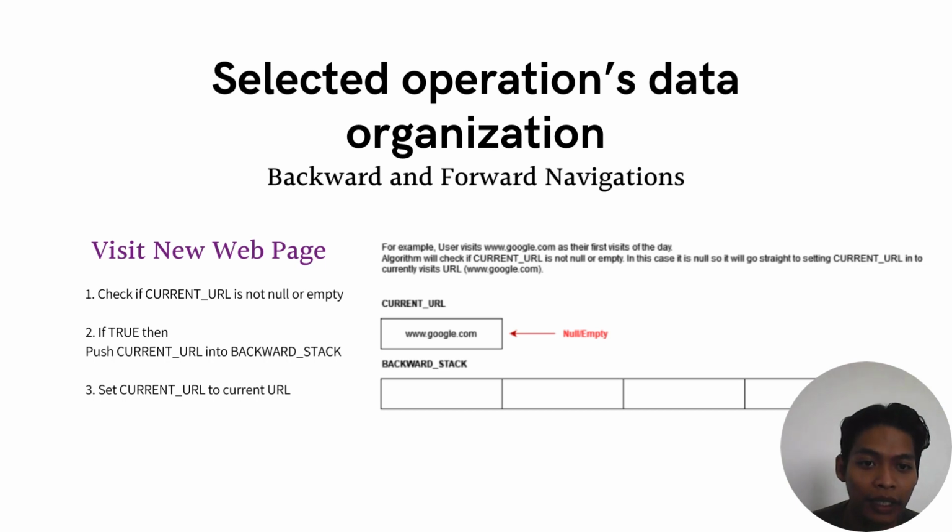In this case, it is null, so it will go straight to setting the current URL to the currently visited URL, which is google.com.my. As you can see, the current URL is www.google.com, and the backward stack is null, empty.